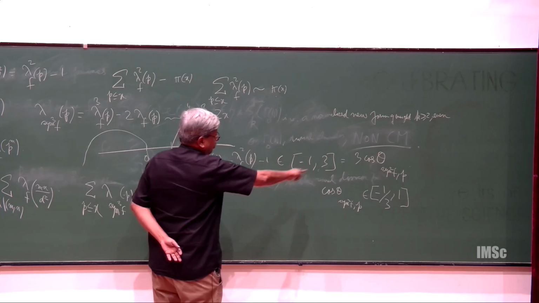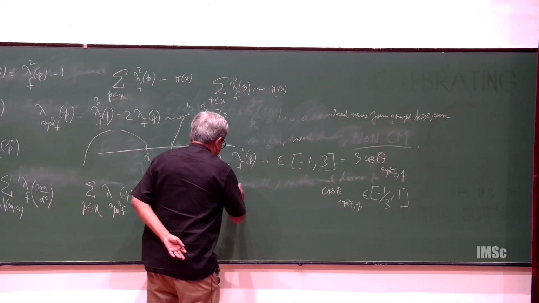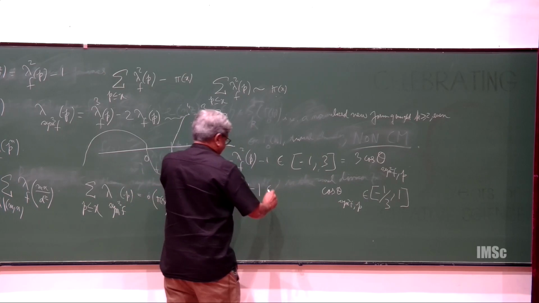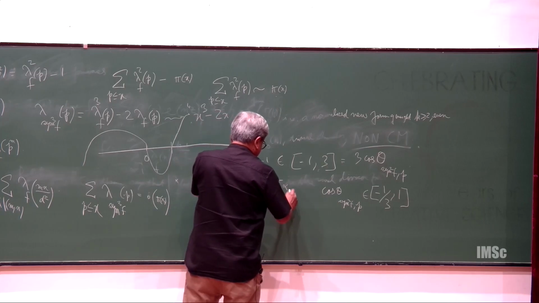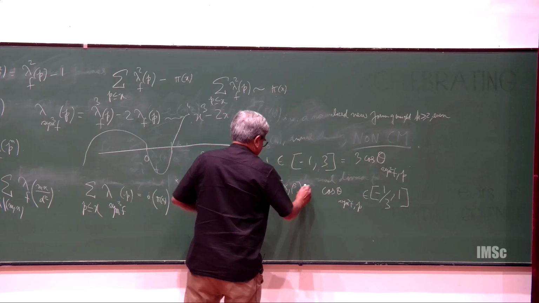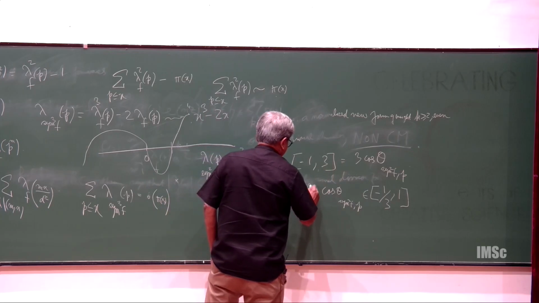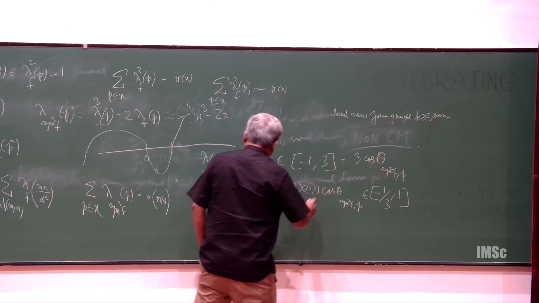So if I have to compute this, say in a given interval, lambda, this is easier that way, f_p squared minus something belongs to, say, an interval alpha, beta, belonging to my -1, 3. So what do I get then?